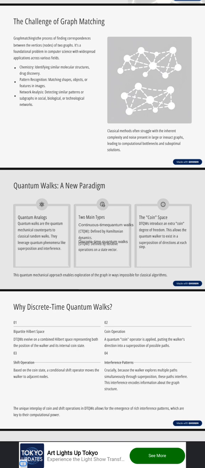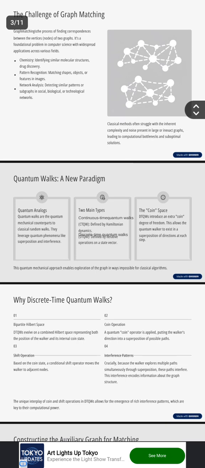The two main types are continuous time quantum walks, CTQW, defined by Hamiltonian dynamics, and discrete time quantum walks, defined by iterative operations on a state vector.